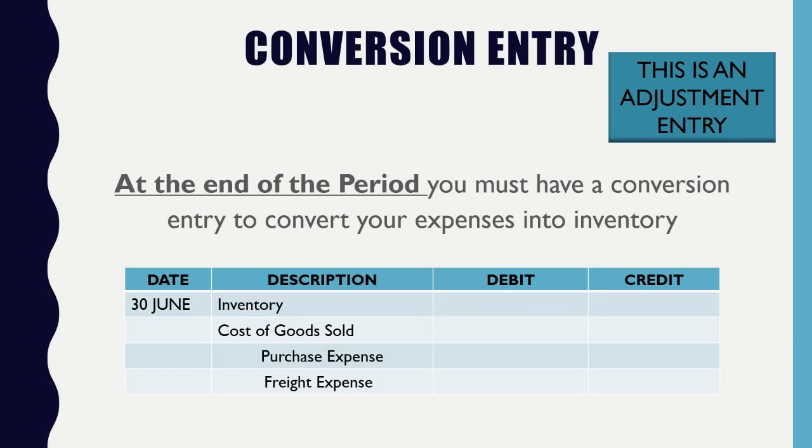And you need to take the whole thing out, not just what you need. You're going to take the whole thing out and distribute it amongst your ending inventory, what you actually have in your inventory, and the ones that you sold.